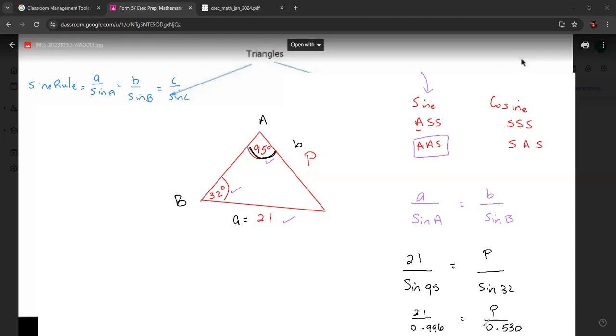In mathematics, when it comes to algebra, meaning solving unknowns, and you have a fraction equal to another fraction, in order to find the unknown, we could cross multiply, right?